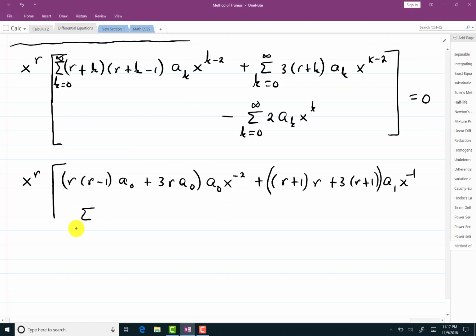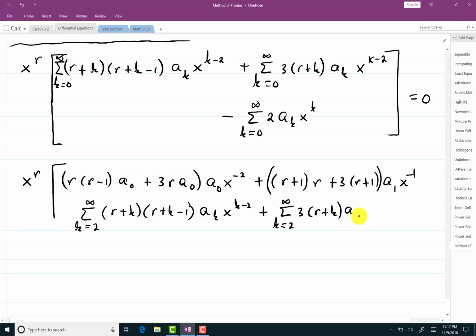So we'll get the sum k equals 2 to infinity, r plus k times r plus k minus 1, a sub k x to the k minus 2, plus the sum k equals 2 to infinity, 3 times r plus k, a sub k x to the k minus 2, and minus the sum k equals 0 to infinity, a sub k x to the k. Of course, all that equals 0.